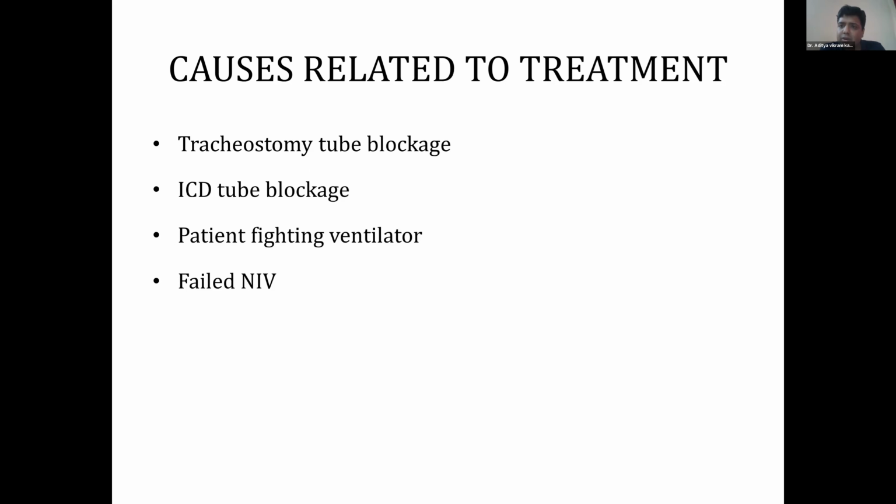Let's focus on the common causes, what we usually face. And if you open your eyes, because it's always said, your eyes can only read what your mind knows. So if you know what could be possibly wrong in this particular patient, in this particular scenario, your approach will be more open, and it should work better for the team as well as for the patient, and finally for the society.